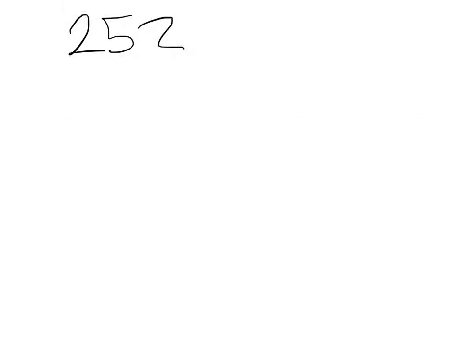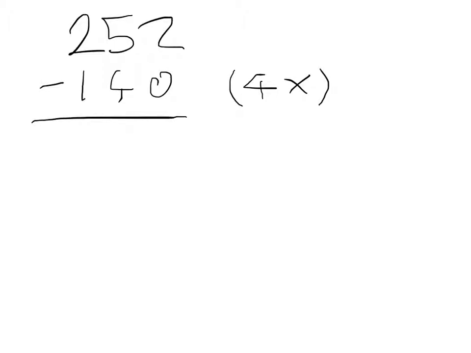Let's take away 140, which is 4 lots of 35. So 2 take away 0 is 2. 5 take away 4 is 1. 2 take away 1 is 1. So I'm left with 112.